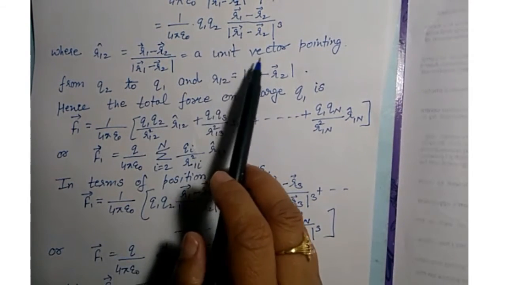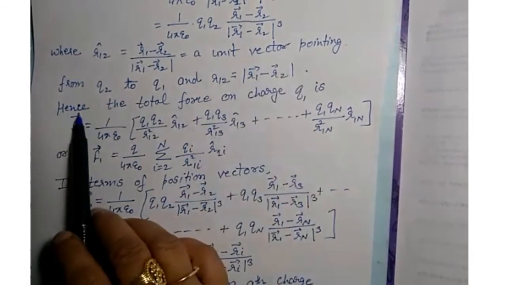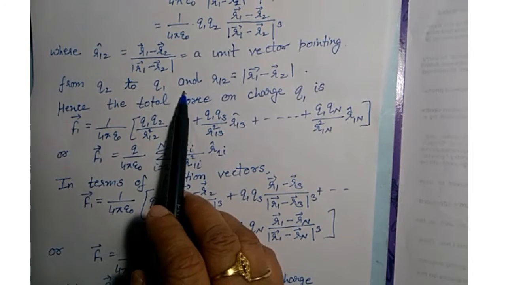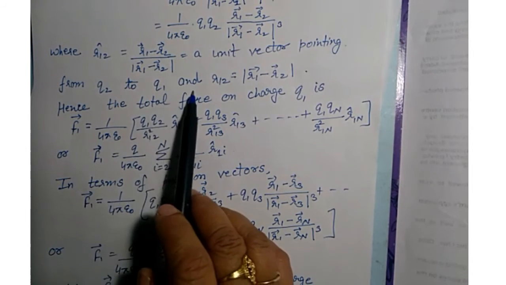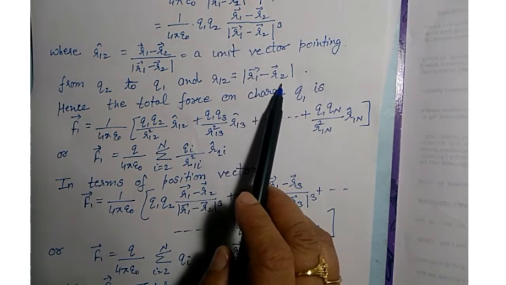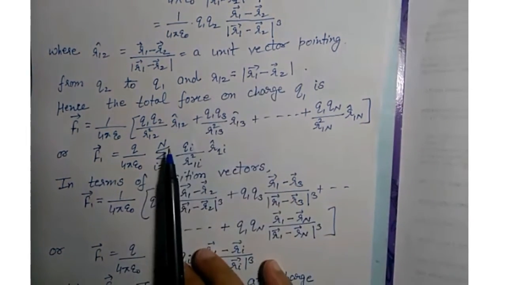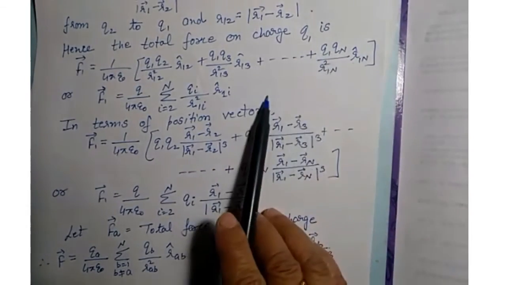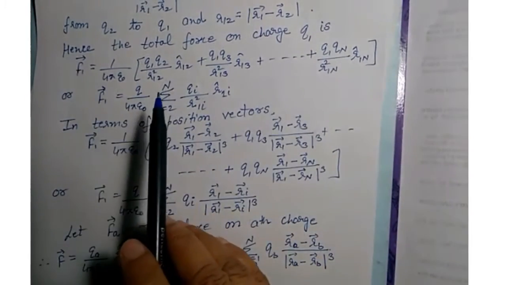This is a unit vector pointing from Q2 to Q1, and R12 is vector R1 minus vector R2. Hence, the total force on charge Q1 will be the sum of all the forces.